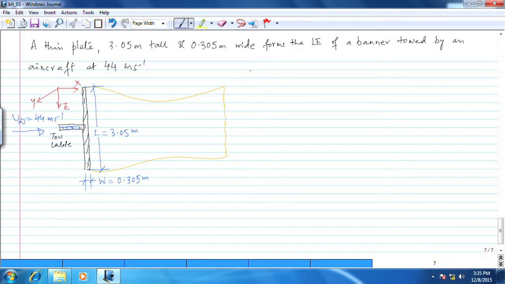Okay, now the question is, how far from the leading edge of the plate does the laminar portion of the boundary layer extend?